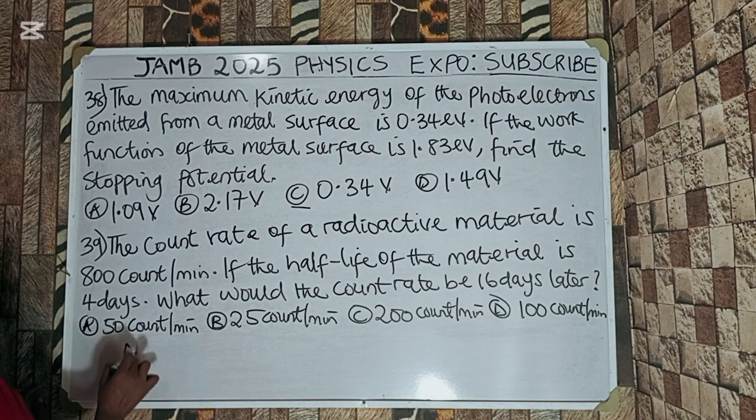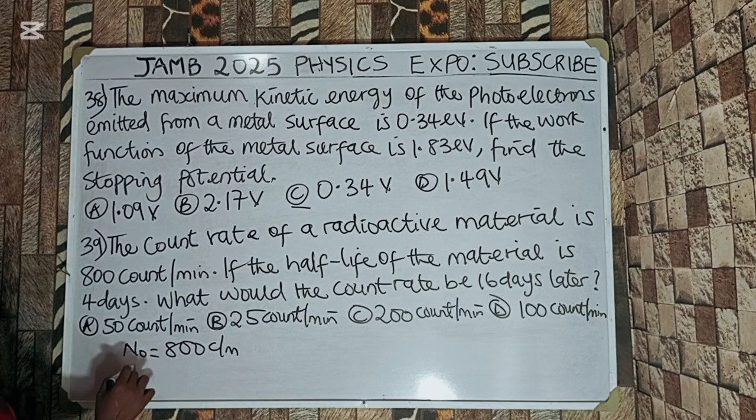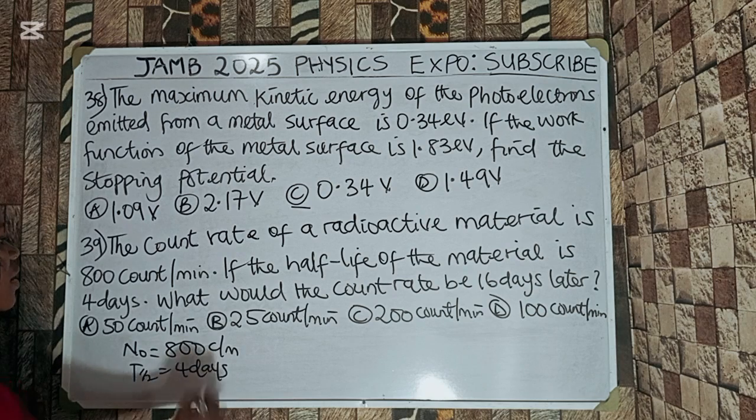The initial count rate N naught is 800 counts per minute, and we have the half-life to be 4 days. Time is given as 16 days.